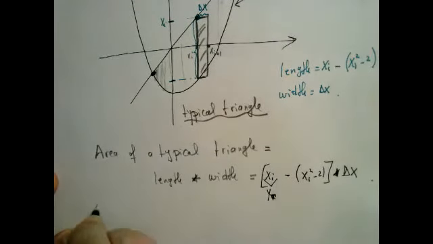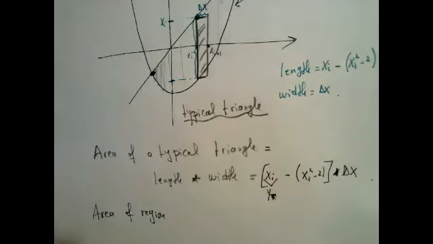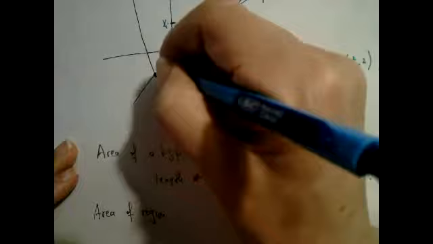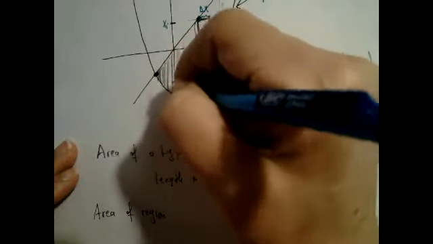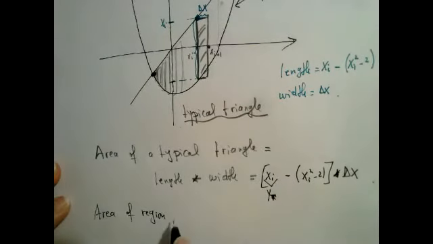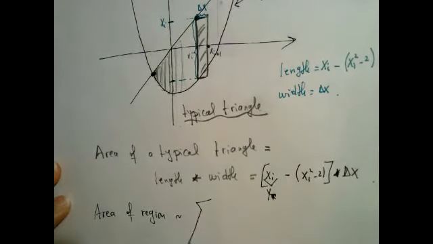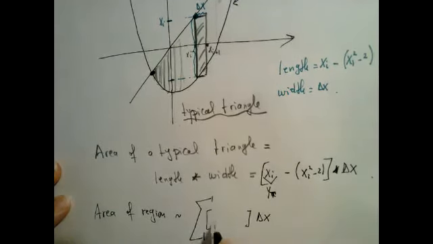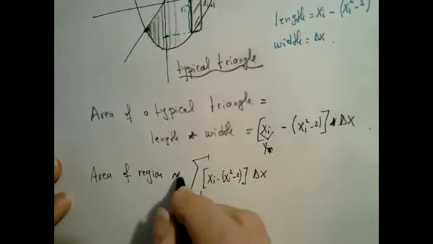Now, what's the whole area? The idea now is covering this whole region with rectangles and then adding the areas. This will give me a Riemann sum. So the area is almost equal to the sum of the areas of the rectangles, which means the sum of that. Now, almost.